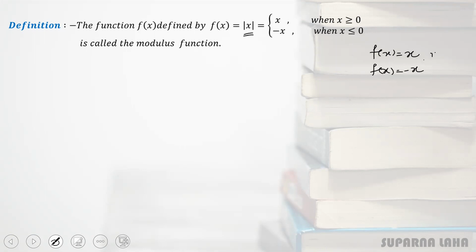For x greater than or equal to 0, if x is 0 or a positive real number, f(x) is equal to x. This is the first part of the modulus function, and the second part is defined for x less than or equal to 0, where f of x is minus x. This is the second part.